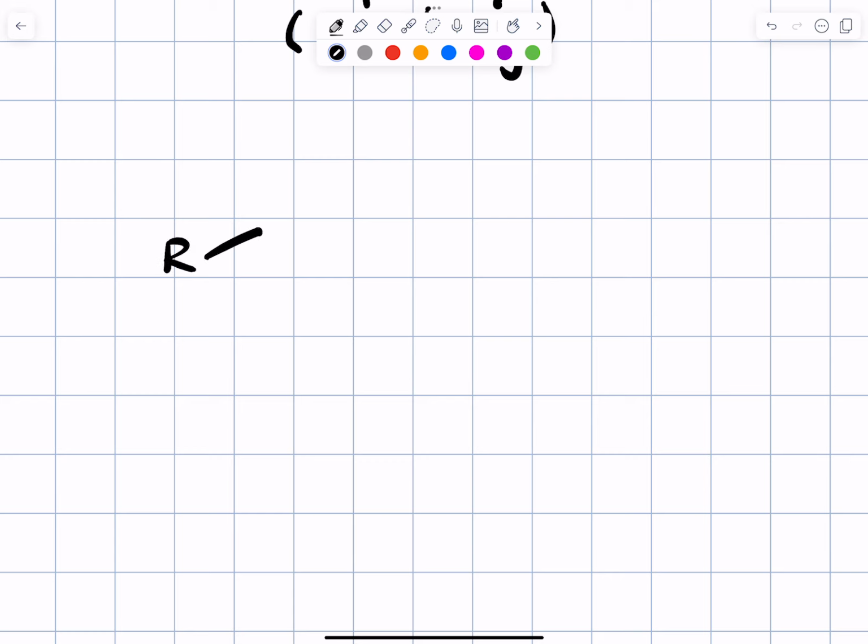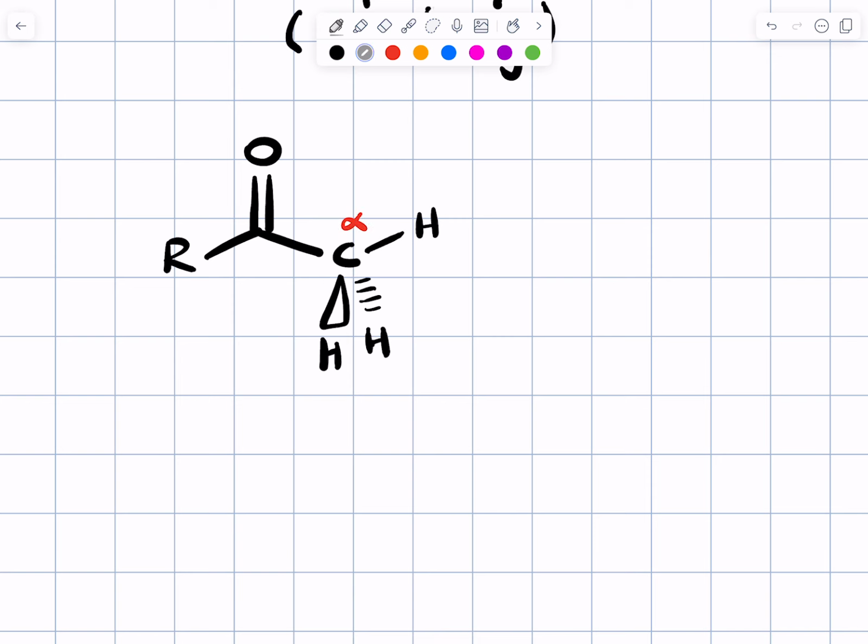So let's draw, we're going to take the overhead view of a carbonyl compound. Here is the adjacent CH bond. We'll call this the alpha carbon because it's adjacent to the carbonyl carbon. From this perspective, I'm going to draw the carbon-oxygen pi star, which we did last time.